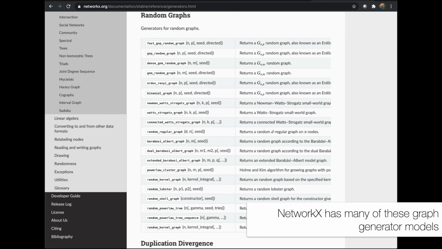And there's others as well. So there's a power law cluster graph and extensions on the Barabasi-Albert graph as well. So you can go play with this and construct your own kinds of graphs and compare the graph structures, the degree distributions that we've talked about, to some of the graphs that you've extracted from the social media analytics that you've done.